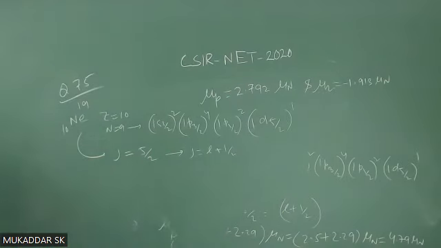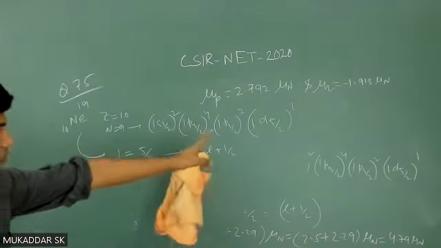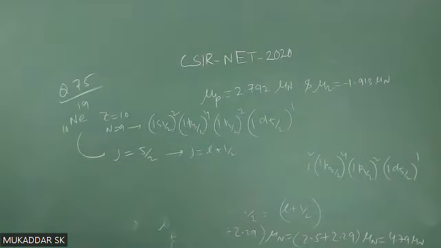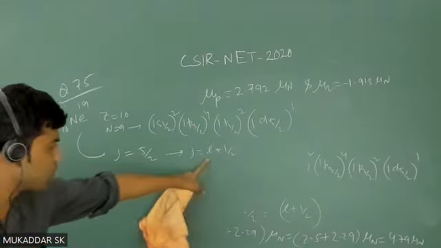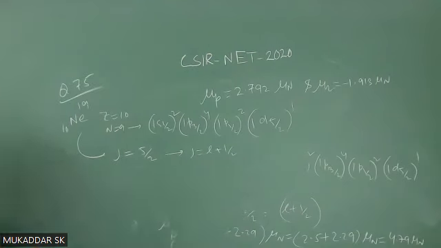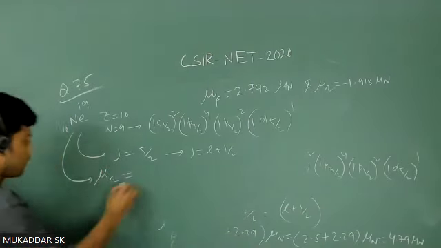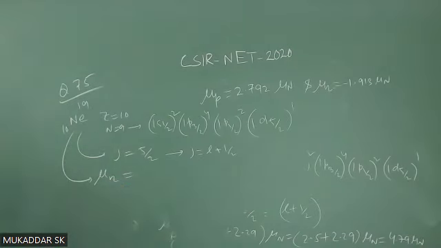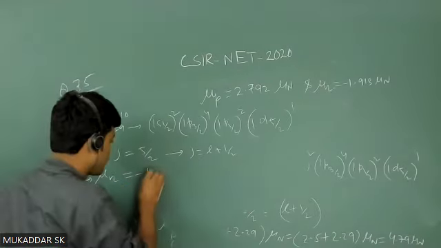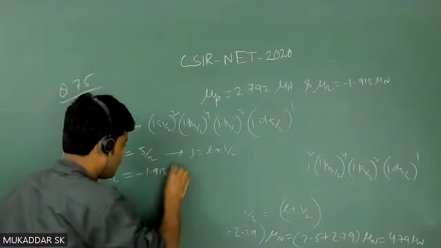As you know, for a magnetic moment contributed by a neutron because of its unpaired nature, and when J equals L plus half, the magnetic moment of this nucleus is mu n, meaning that which arises because of the neutron, that will be minus 1.913 mu n.